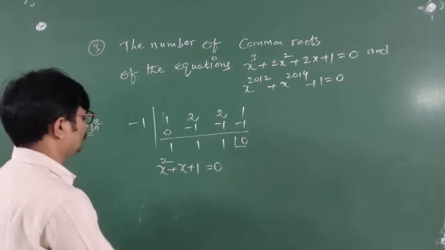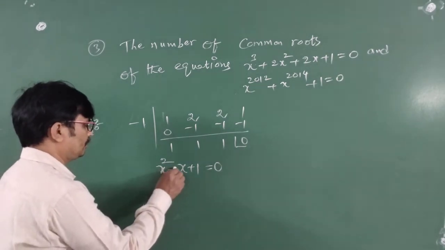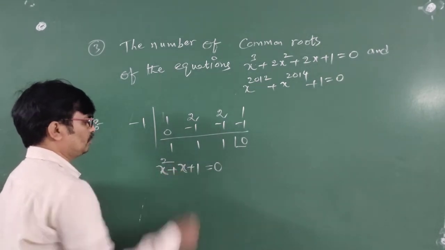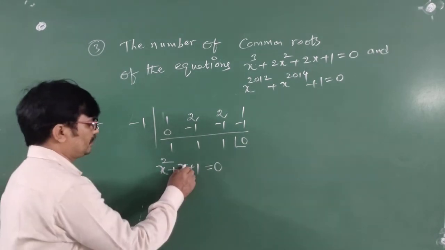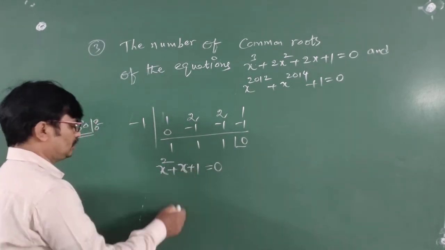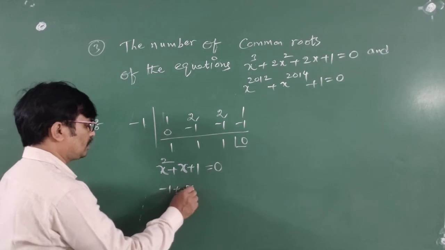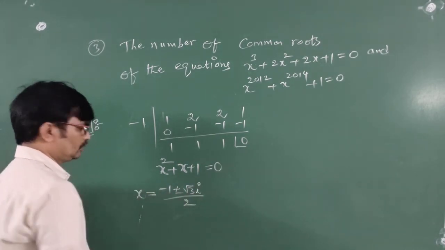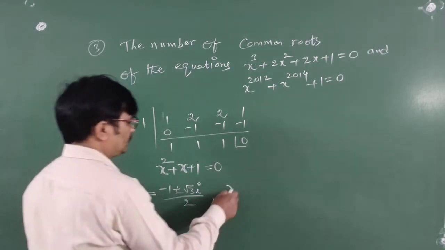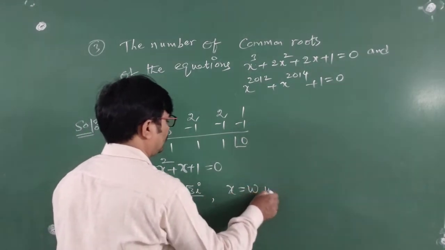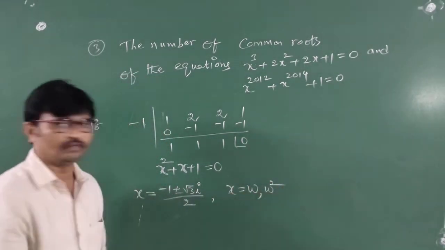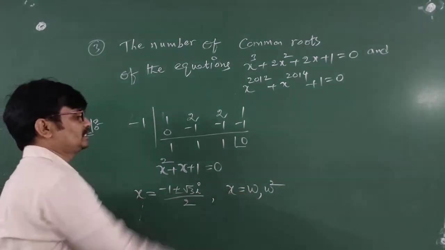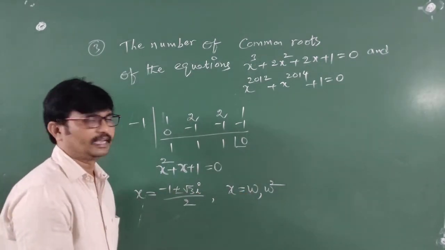The roots are -1 plus or minus root 3 i by 2. So here x is omega and omega square.